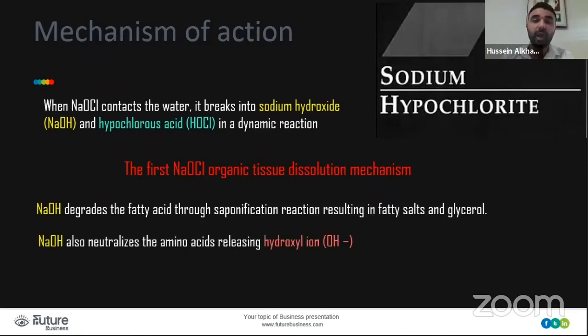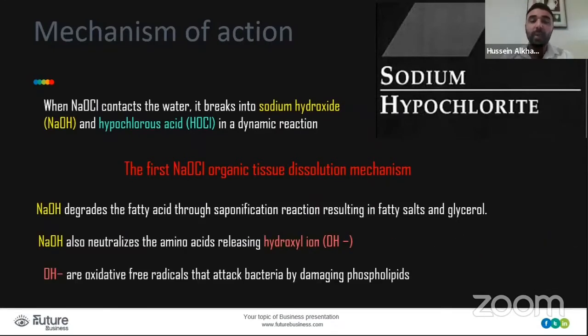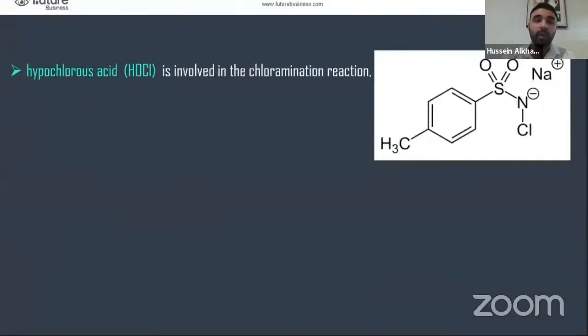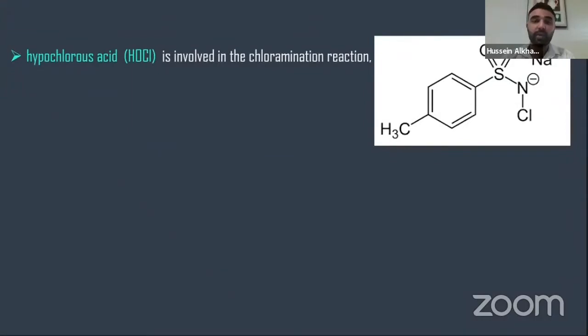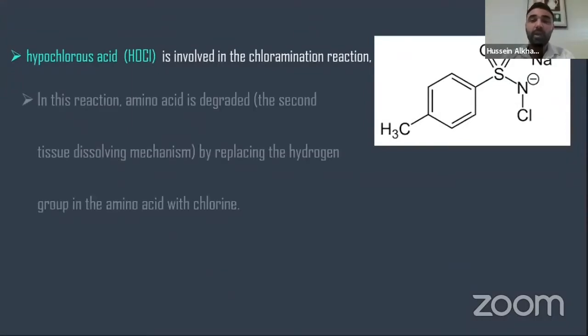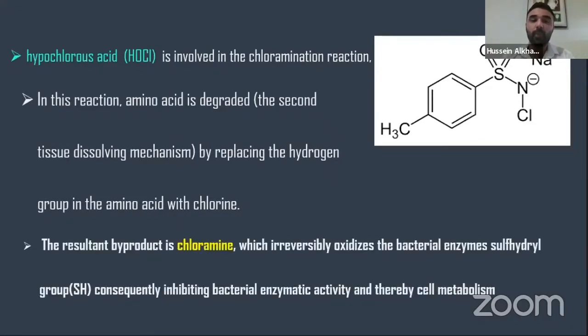In this reaction, hydroxyl ions are produced, which can damage bacteria and attack their phospholipids, while the second agent, hypochlorous acid, is involved in a second reaction known as the chloramination reaction. In this reaction, chloramine is produced, which irreversibly oxidizes the bacterial enzymes and inhibits bacterial cell metabolism.